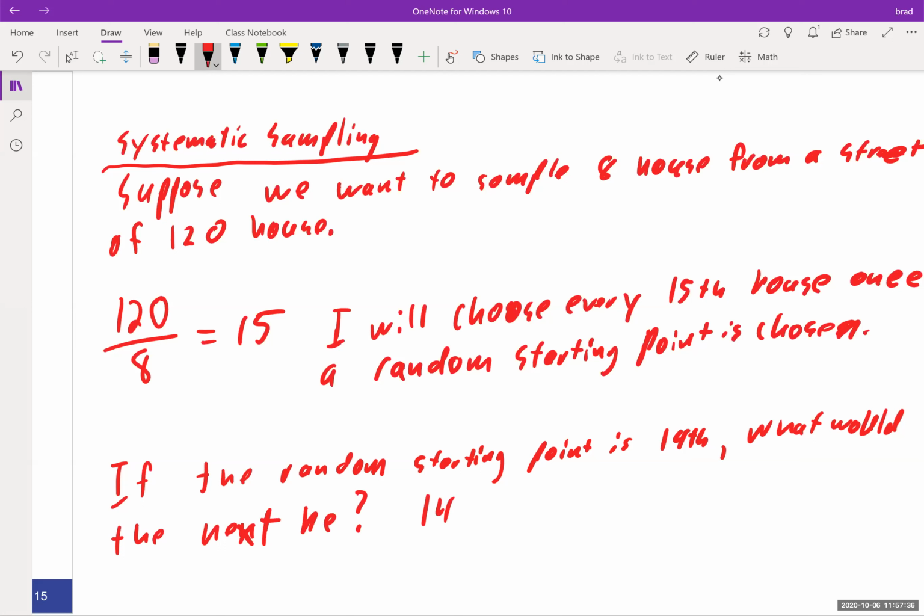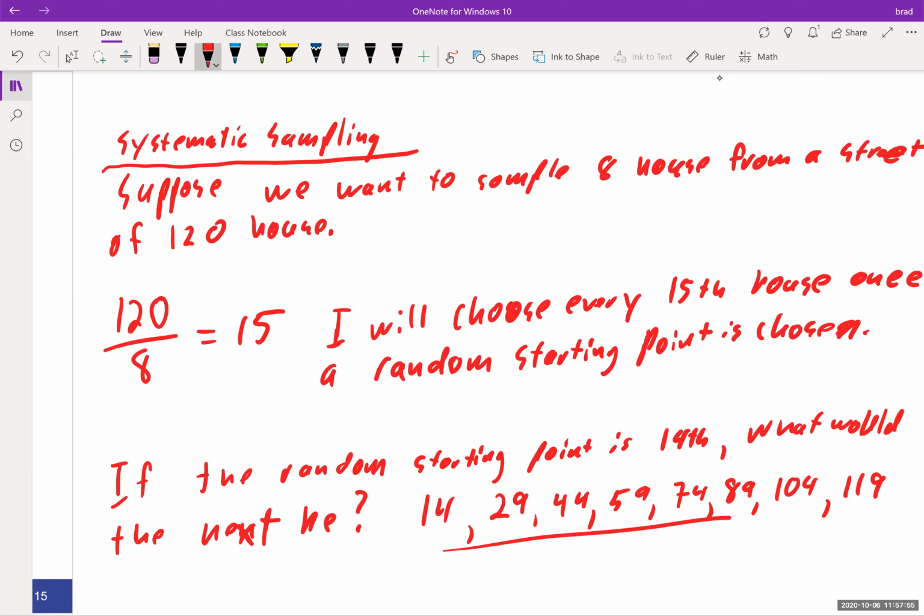So then we're going to have the 14th, then we're going to add 15 and get the 29th house. Then we add 15 and get the 44th house, the 59th house, 74th house, 89th house, 104th house, and 119th house. So these are all the houses I'm now going to choose because I started at the 14th. If I started at the 13th, I'd get a different set.